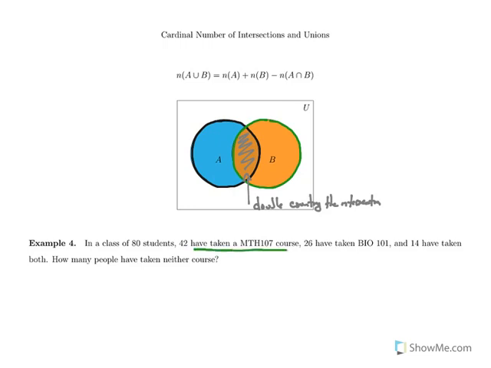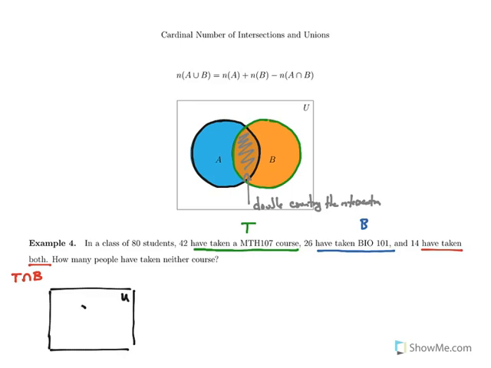We're going to call the set of people who have taken a Math 107 course, we'll call that set T. We'll call the set of people who have taken a Bio 101 course, we'll call that set B. The people who have taken both is going to be the intersection between T and B. And when we think about how many people have taken neither course, what we're really looking for is not the union, but we're going to use the union to find it.